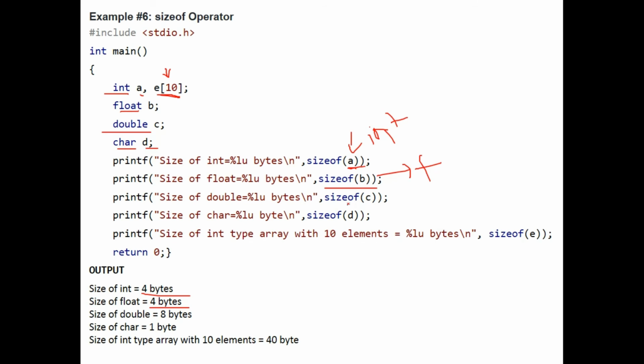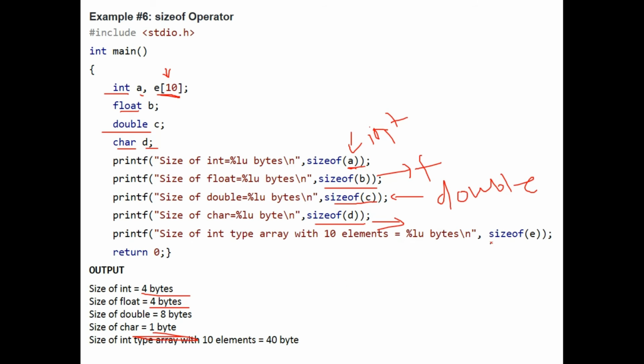The size of c, which is double, is double that of float, so it is 8 bytes. And the size of char on any machine, whether 16-bit, 32-bit, or 64-bit, never changes. It is always 1 byte.